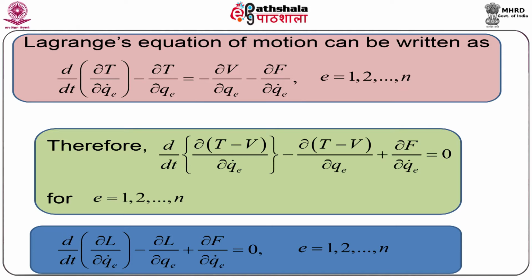Shifting the terms on the right hand side into the left hand side, we get this equation. We have combined the terms of similar nature and get this equation. This is valid for k equal to 1, 2 up to n.